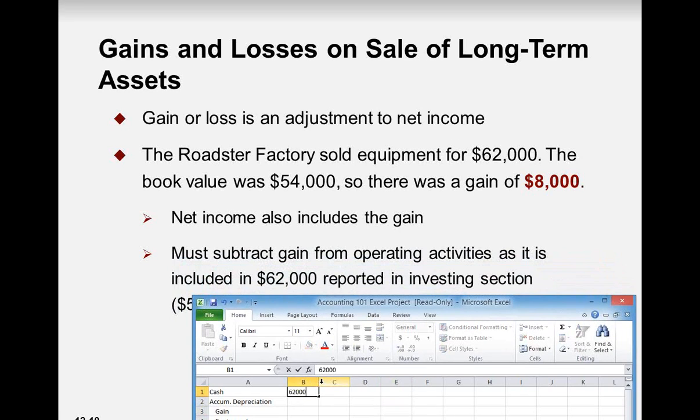So we got cash of $62,000. Our net on the equipment was $54,000. And the gain was $8,000.